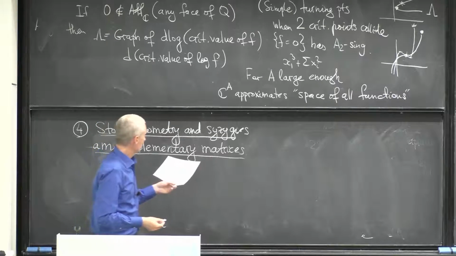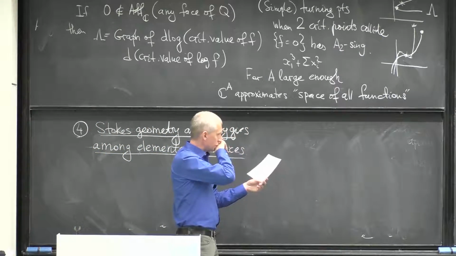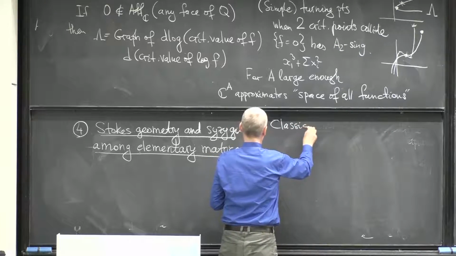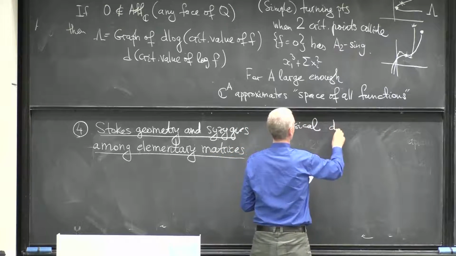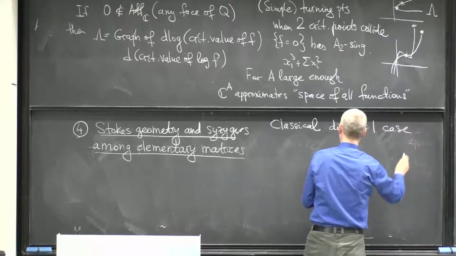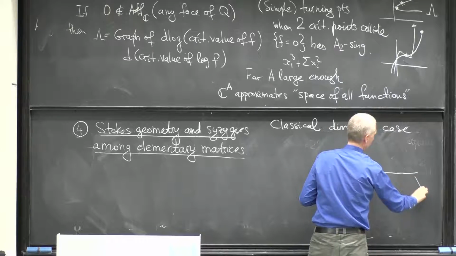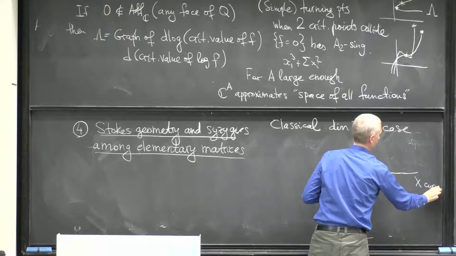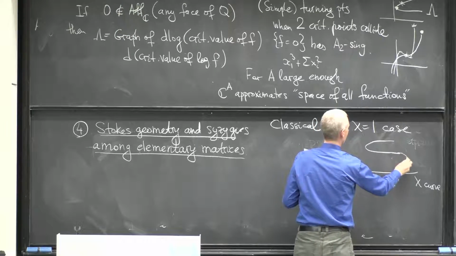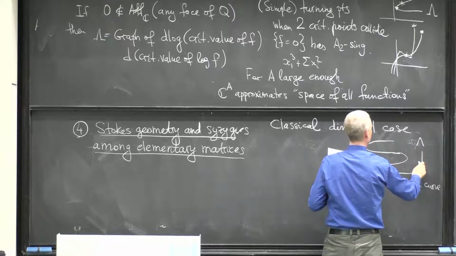So I recall the classical definition of the Stokes curves. Classical, dim x equals 1 case. So x is a curve. The variety lambda is also a curve, another curve.